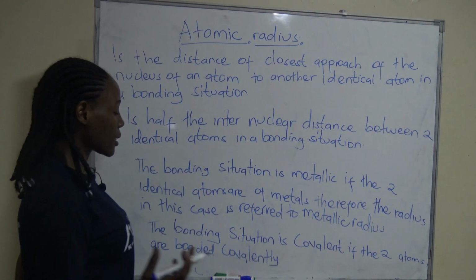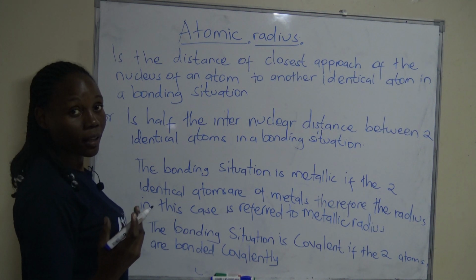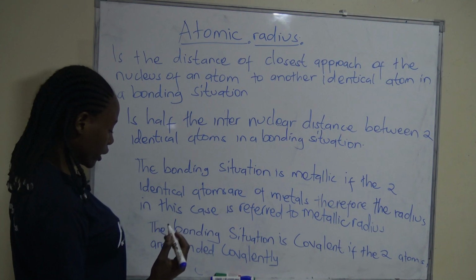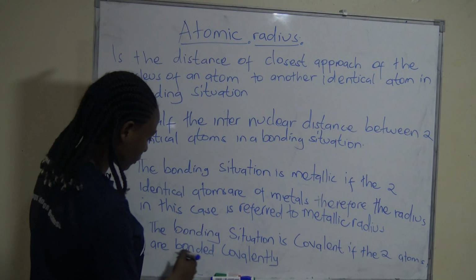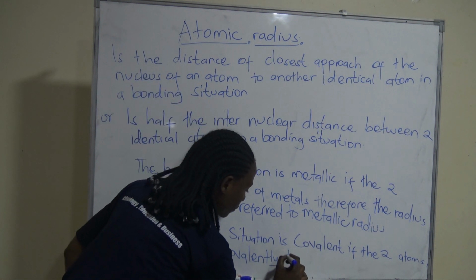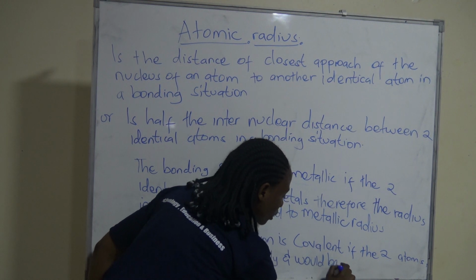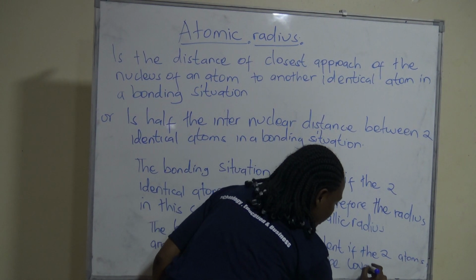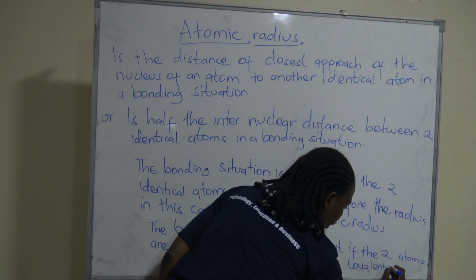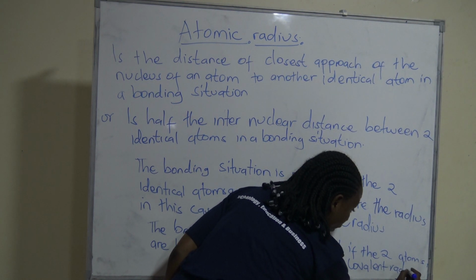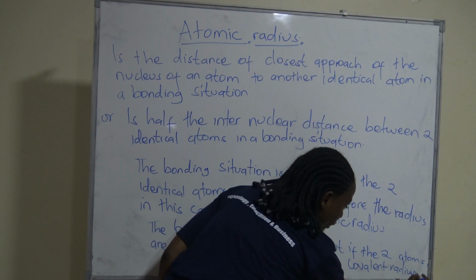And that radius would be referred to as the covalent radius. In most cases, the one we refer to as the atomic radius.